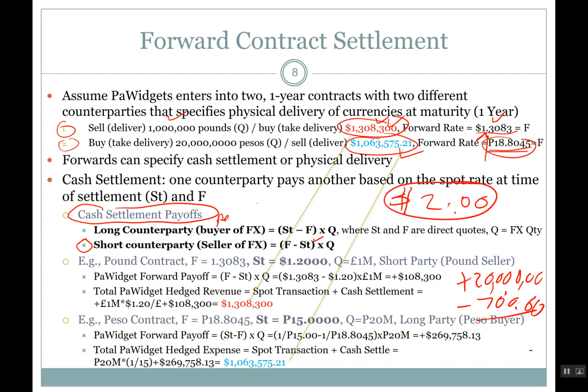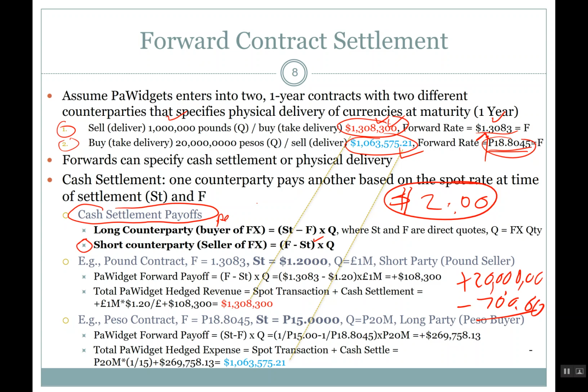So, question, why would I want cash settle or physical delivery? Sometimes it's specified, it's out of your control. Sometimes, and this is important, the Chinese government, due to their manipulation of the currency, does not allow yuan outside of China. So the only way to get a forward contract on the yuan is to get one of these.